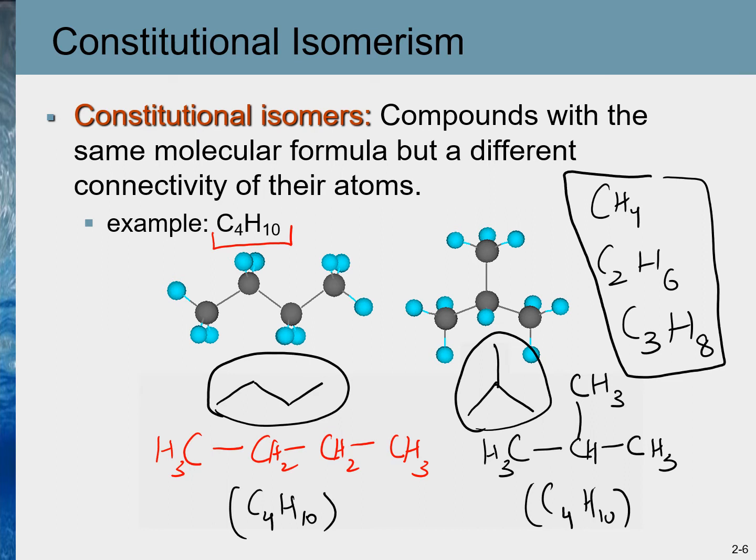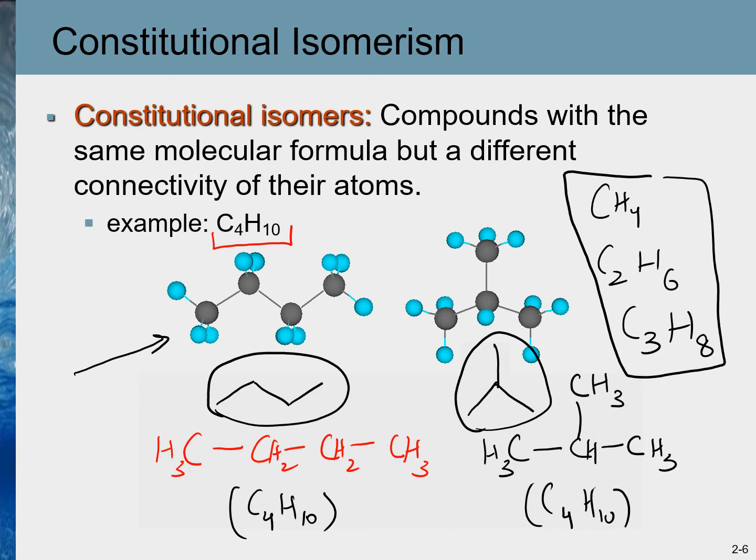We must remember here that constitutional isomers are different compounds. They have different physical and different chemical properties. For example, in case of these two structural formulas, their physical properties differ completely.